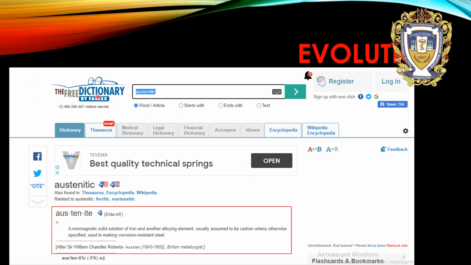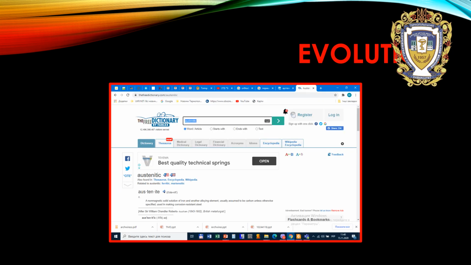According to the Free Dictionary, it means a non-magnetic solid solution of iron and another alloying element, usually assumed to be carbon unless otherwise specified, used in making corrosion-resistant steel.